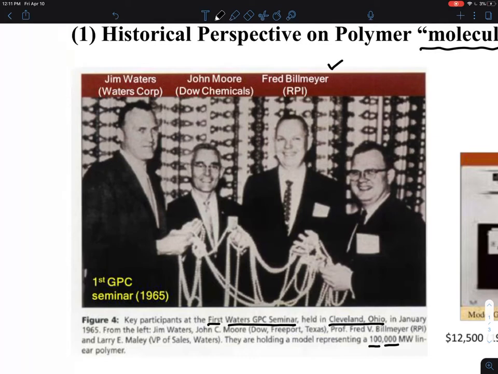This technique was actually invented by a person named John Moore, who was working at Dow Chemical. And Jim Waters was a small company owner who provided the detector to Dow Chemical. Dow found a new way to characterize polymer molecular weight distribution by running an organic solvent through a polymer gel matrix, and they called it gel permeation chromatography.